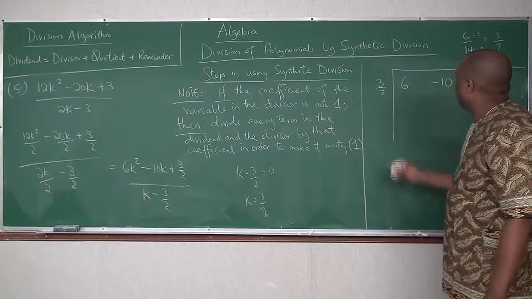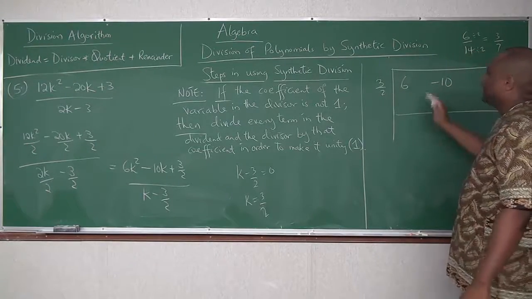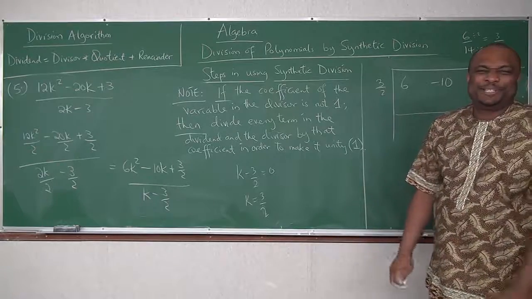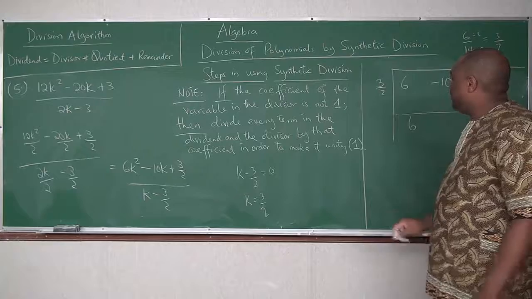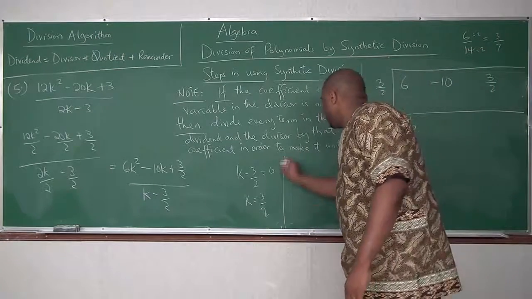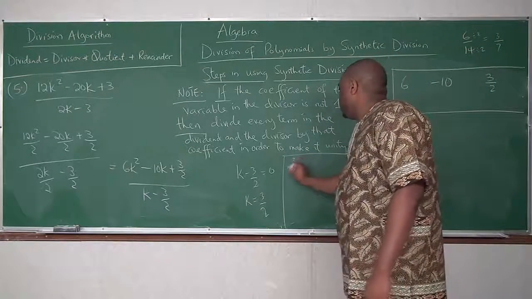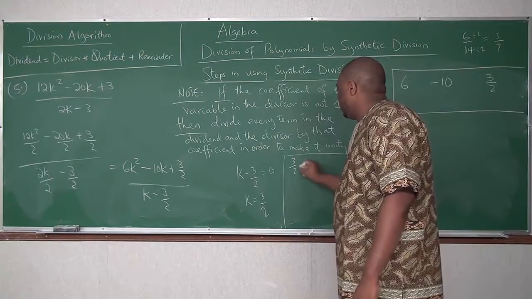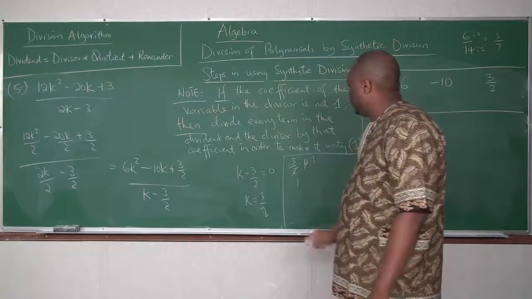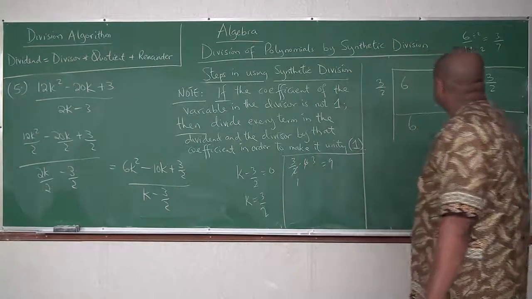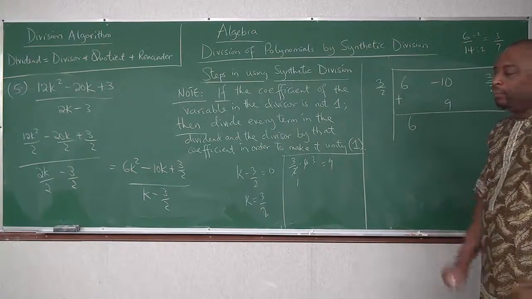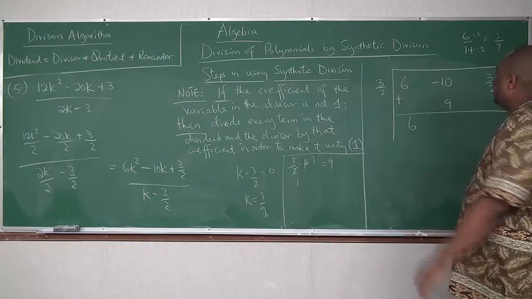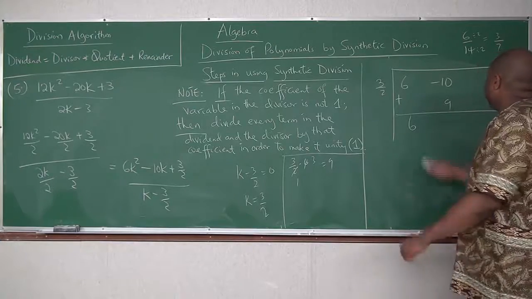Don't be scared of fractions, okay? So you bring down 6 here. 3 over 2 times 6 gives us 9. This is addition.